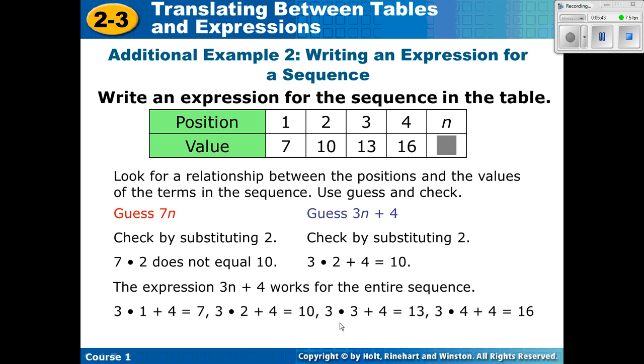And pause this video if you need to. 3 times 3 is 9, plus 4, that's 13. 3 times 4 plus 4, yeah, that's 16. So therefore, what is our expression? 3n plus 4.